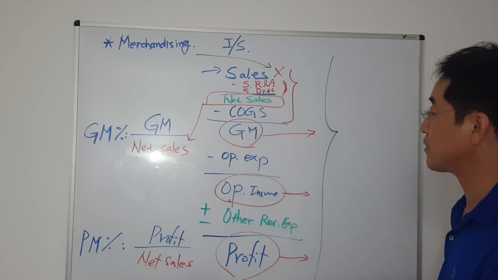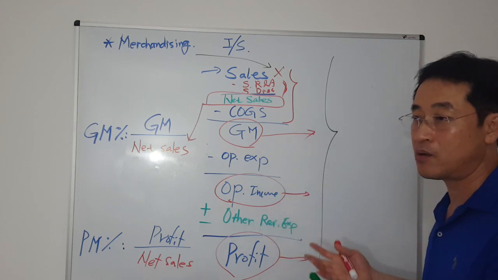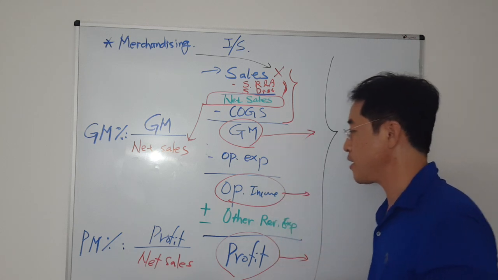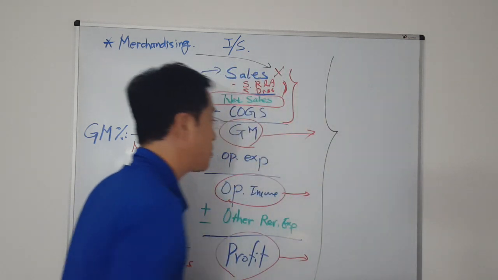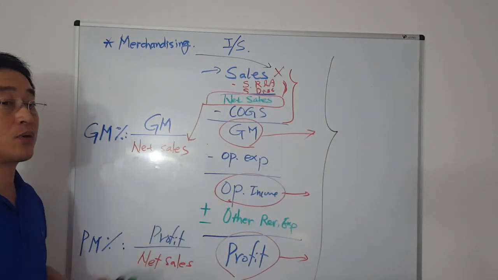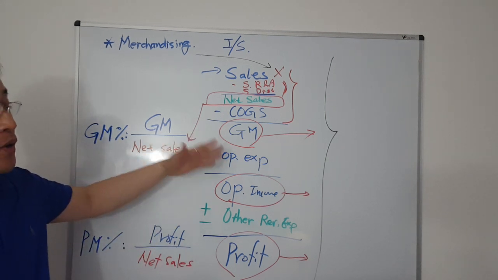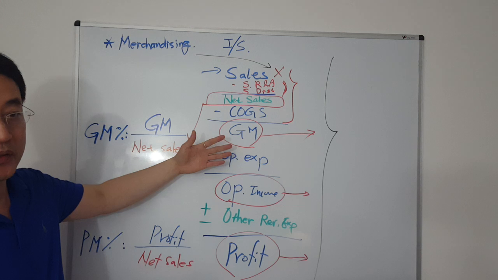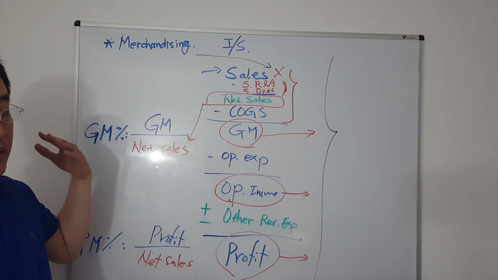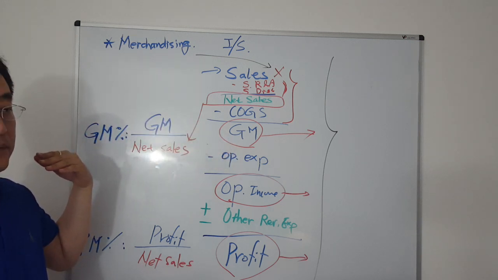I'm going to address the step and account next time. Okay? Anyway, we need to remember we have more accounts to close under merchandising industry compared to service industry. Okay?